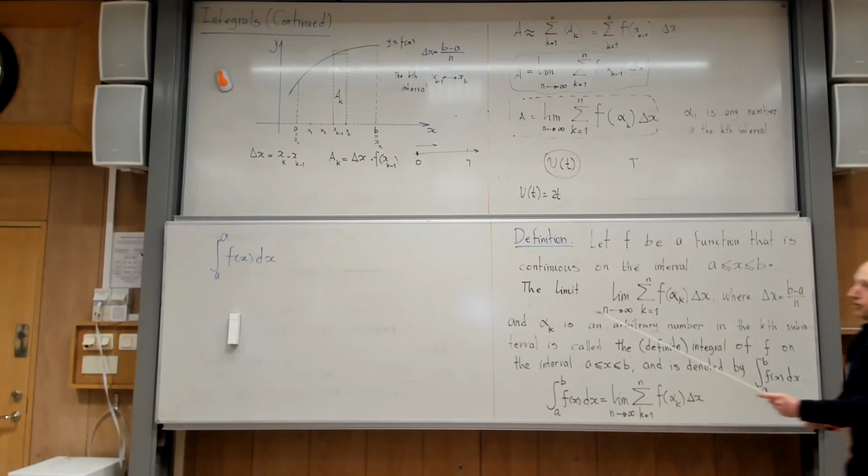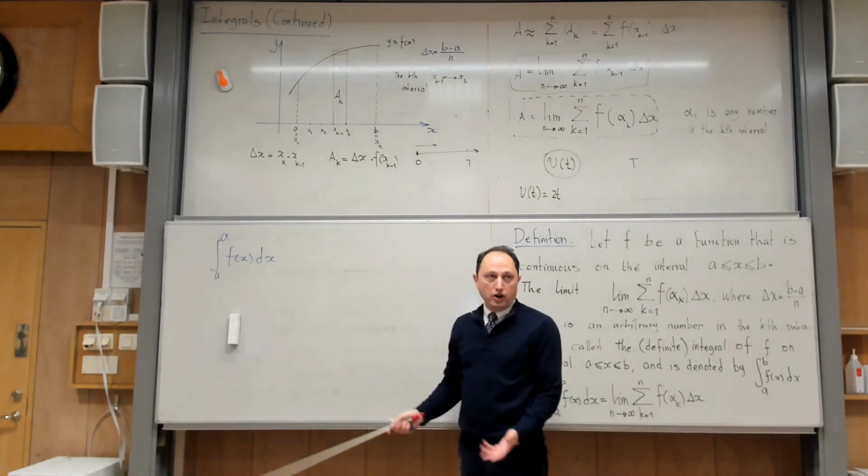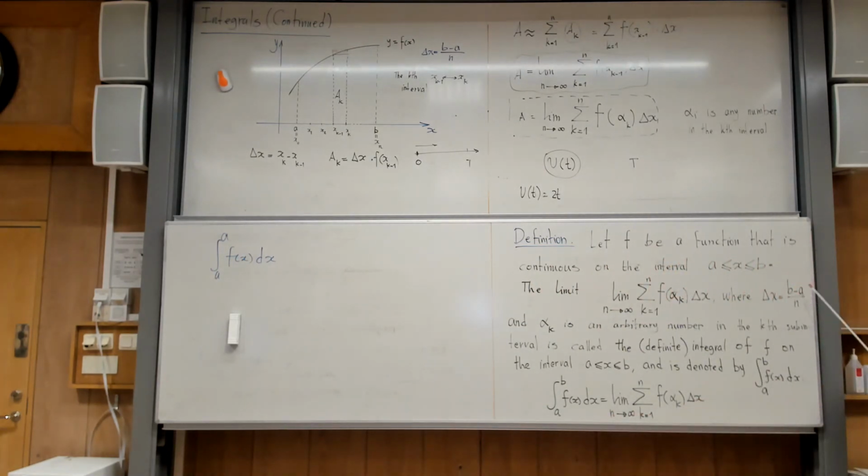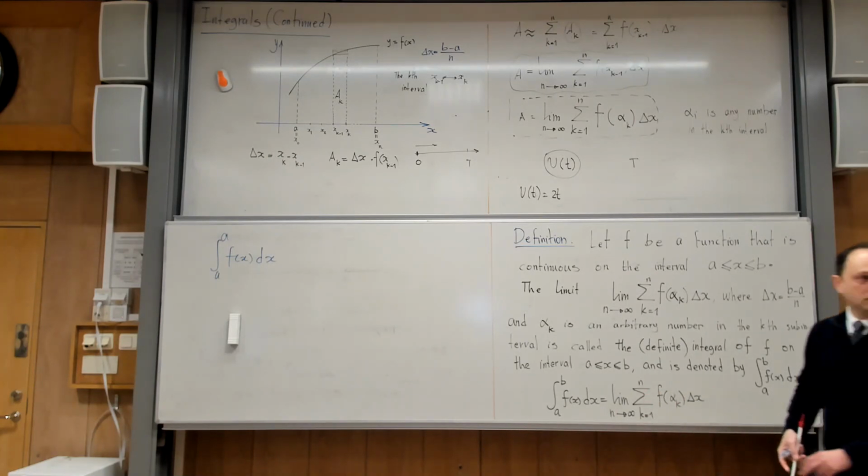But if the lower and upper limits are the same, I calculate a minus a divided by n, which is 0 divided by n, which is 0. Of course, I don't know about these numbers, but I don't care because delta x is 0. When I multiply here, it is 0. And I have a bunch of zeros that I am adding and taking the limit. So what will happen?